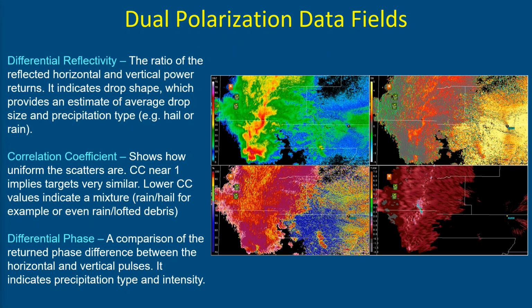If there is, then the correlation coefficient would be below 1 because the correlation between the different targets is going down. There's another use for this I'll show in a moment where we can actually spot debris being lofted by a tornado using this tool. And then differential phase, I won't talk a lot about that, but that tends to be tied to precipitation type and intensity.